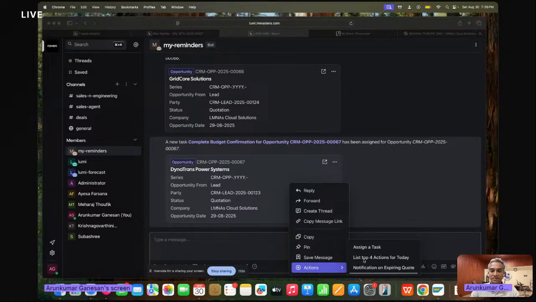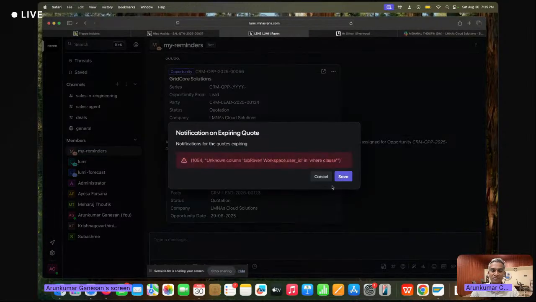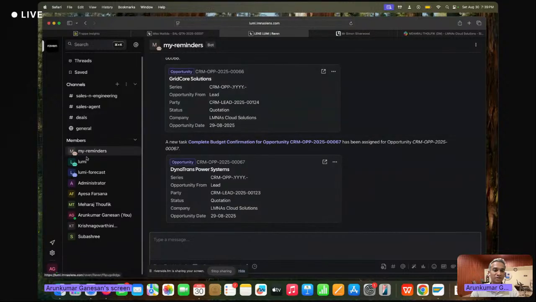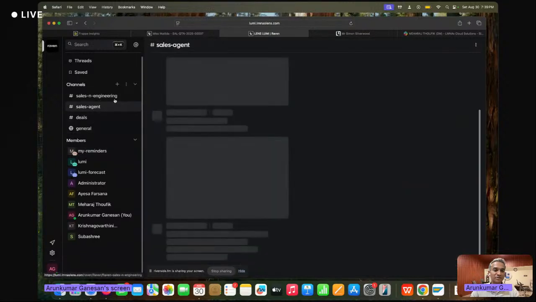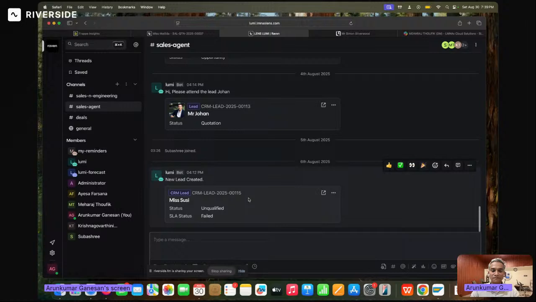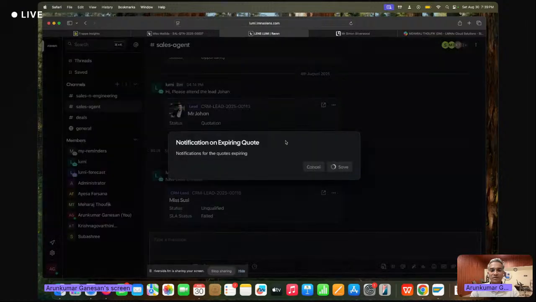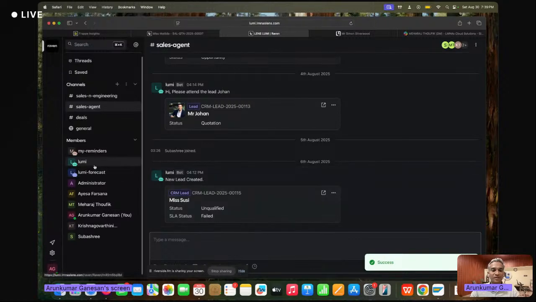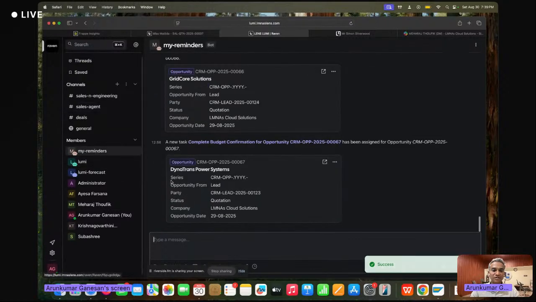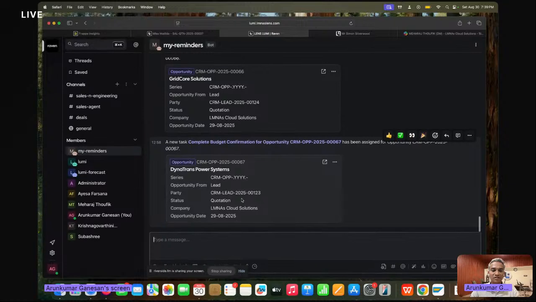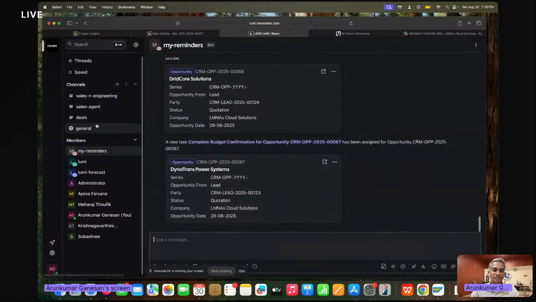Then I say, hey, notification when expiring code, for example. It says, give me a minute, I have to do it from a different... right. So it sends me any quotations that are expiring in my queue.